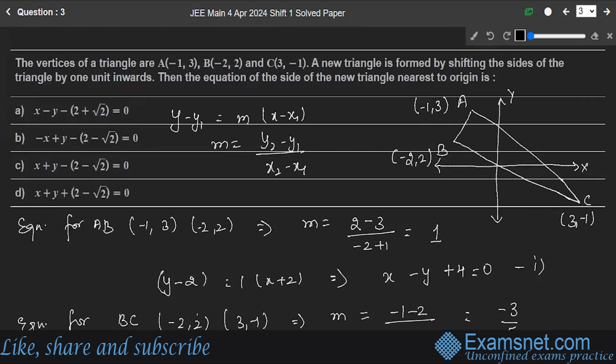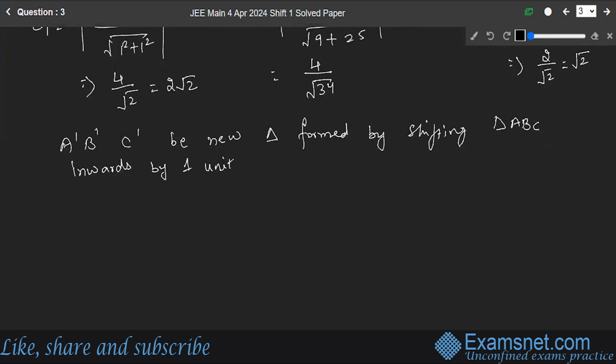See, this was your triangle ABC. So let's move all three sides towards the center, inward by 1 unit. Okay, so perpendicularly like this, and like this, and like this. Right. So let's say the new triangle formed is A dash, B dash, and C dash.